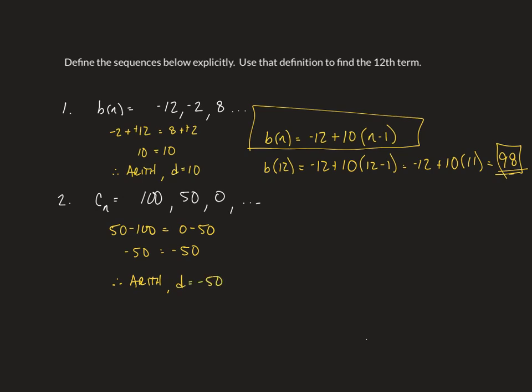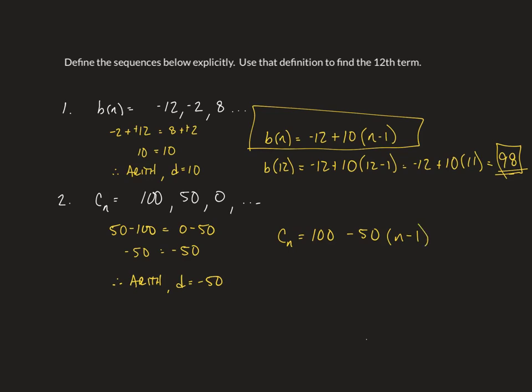So when I write my explicit definition, I'm going to follow that same formula. I need the first term of the sequence, which was 100, plus the common difference, which was -50. And what you probably want to do here is just write that as -50 but it doesn't really matter, times n minus 1.